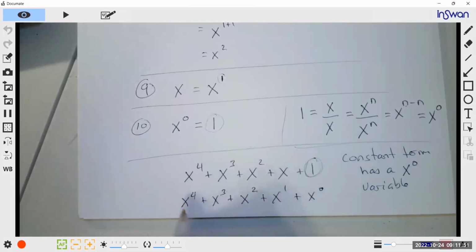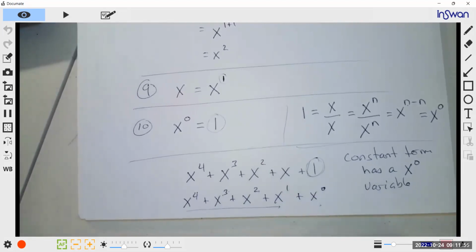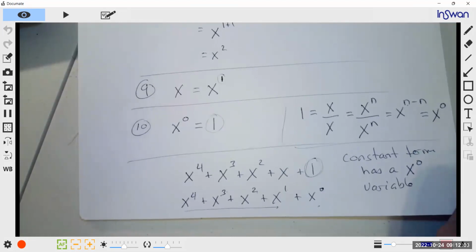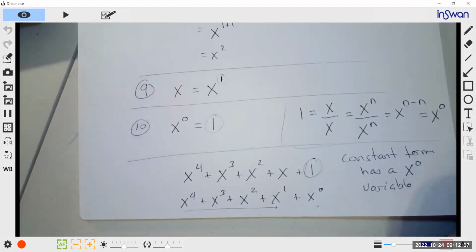So notice how we always set up the equation so it's decreasing in exponents. So the constant term has an x to the 0 power variable.